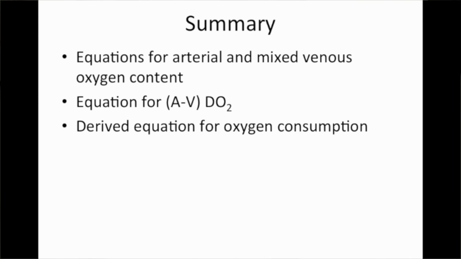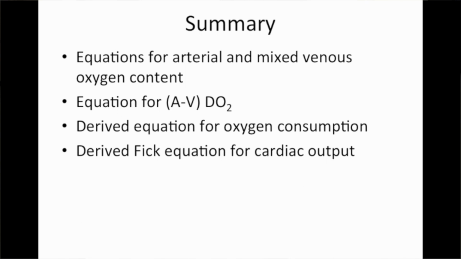We derived the equation for oxygen consumption, and we showed fundamentally how much oxygen a human being uses every minute and how we came up with that. We then rearranged that equation and solved for cardiac output and described the Fick equation, a very important equation indeed.